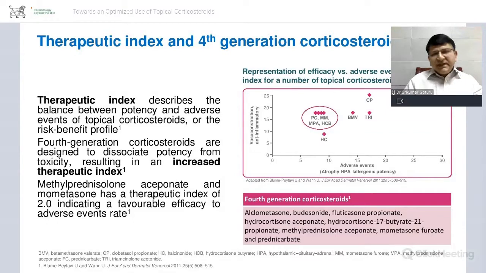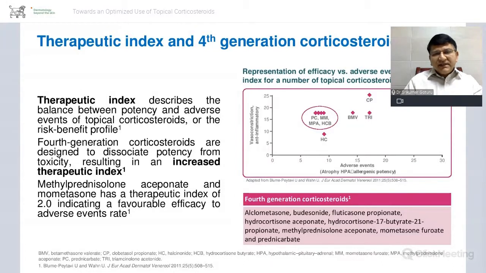So, the therapeutic index in the 4th generation of corticosteroids: many of these compounds actually get metabolized during the first pass in the liver itself. And the systemic effects, including the suppression of the HPA axis and all that, are very low.